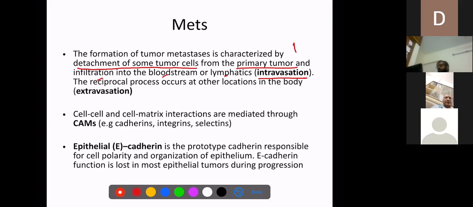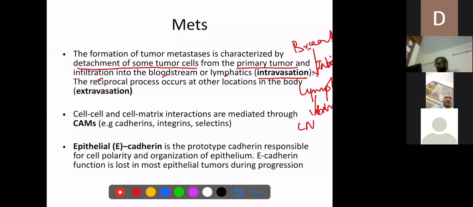For example, from the breast, they intravasate into the lymphatic vessels. From the lymphatics, they go and extravasate to the lymph nodes. You understand? So that is how there is an intravasation followed by an extravasation.